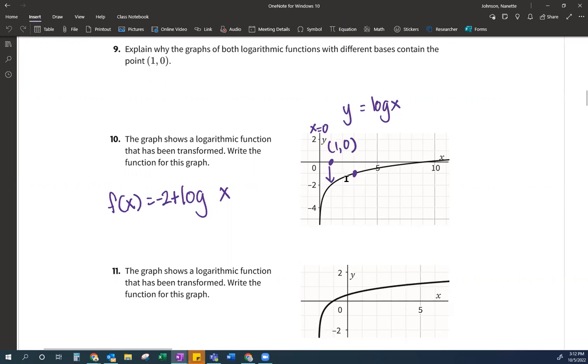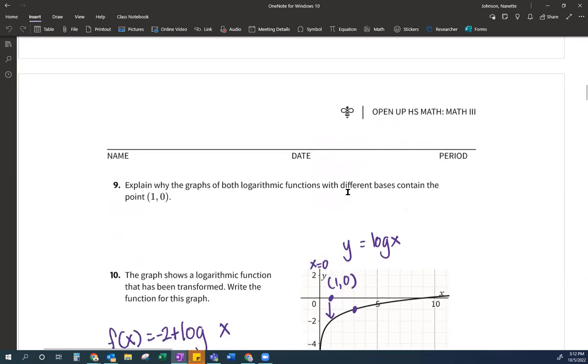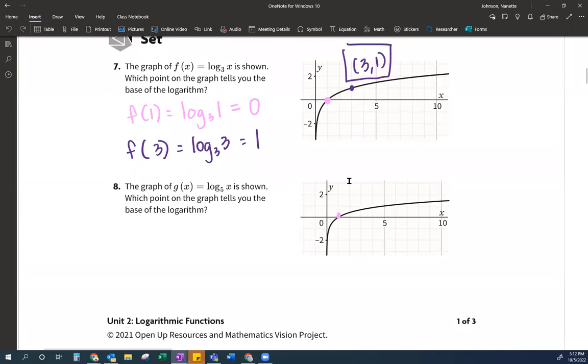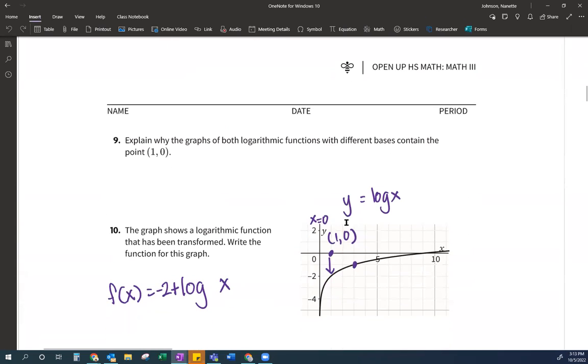And the last point that I'll use is this one. If you look at where the point is, I'm going to look at this next point, and this next point is at 3, comma, -1.